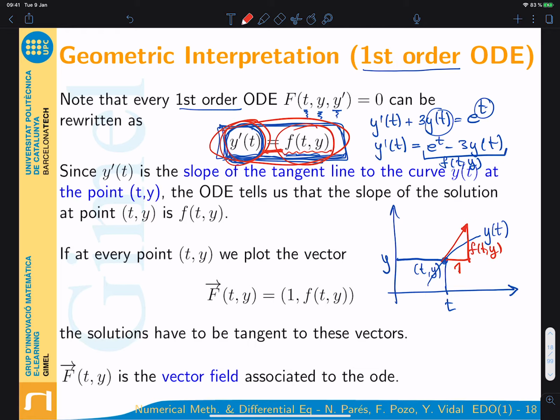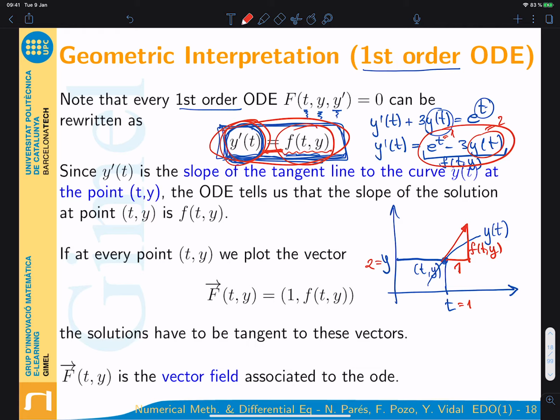So, for example, if I know I am at point t equals 1, y equals 2, I can come here and substitute t by 1 and y by 2, and I can compute this value, and this value is telling me the slope of the tangent line.